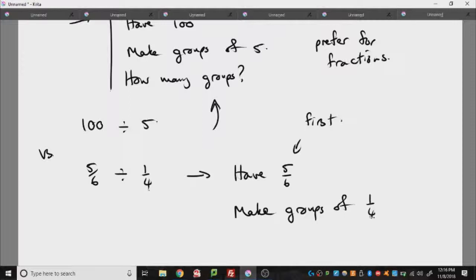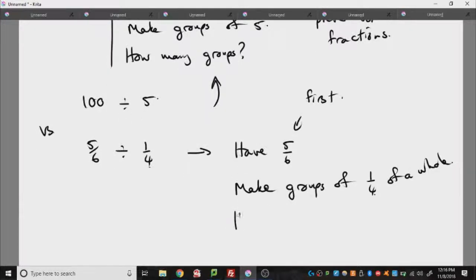There's a reason this is last. Of a whole. Is it how many groups of a whole, or is it how many groups of a quarter fit into what I have? Yeah, so not fit into a whole, but fit into 5/6. Yes. That's the next line. I'm making groups of this size.